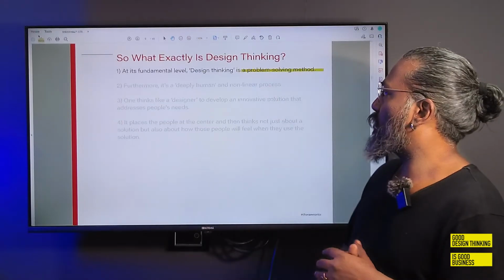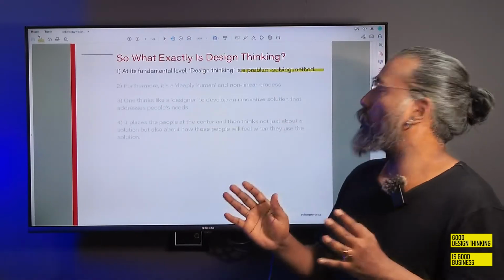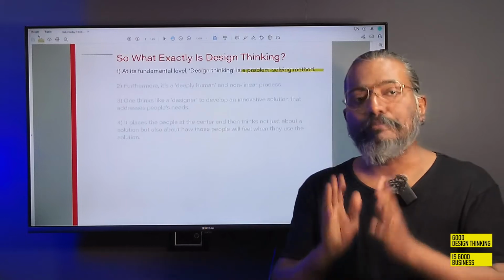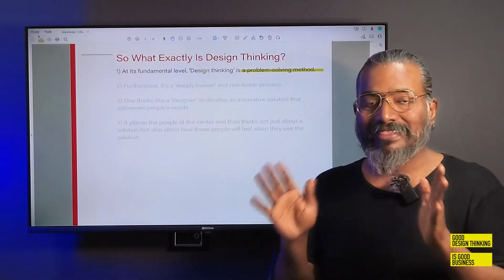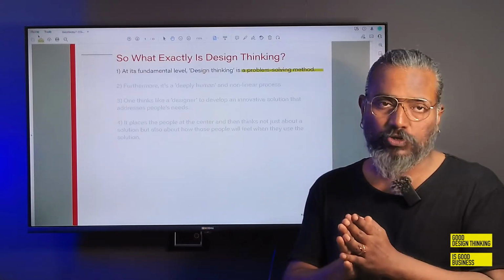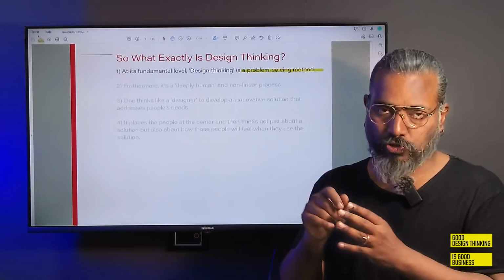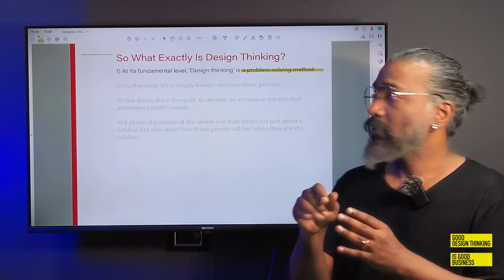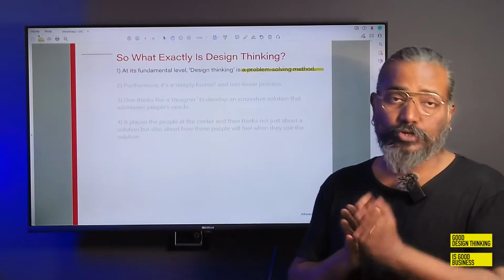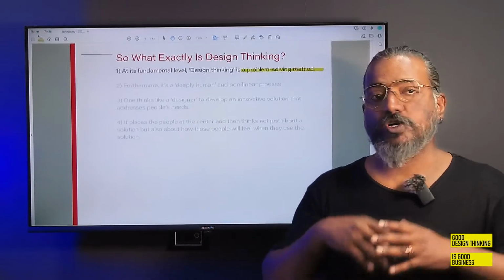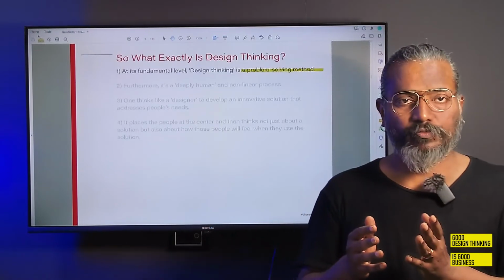Here you can see there's a word called problem solving method. Design thinking is all about a tool, a methodology, a process meant to solve problems. I believe most of you must have heard this word problem solving.